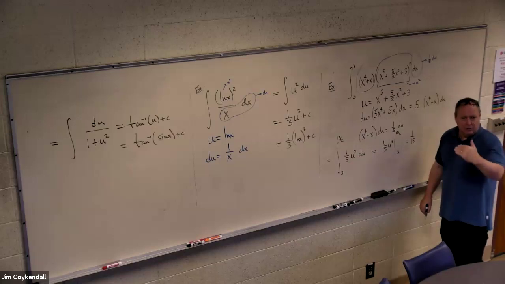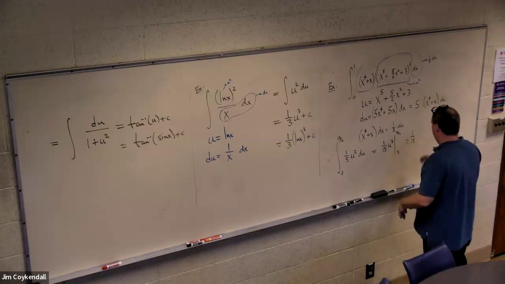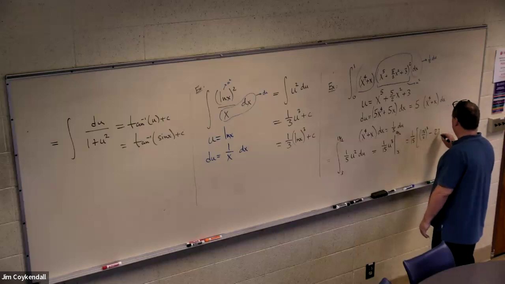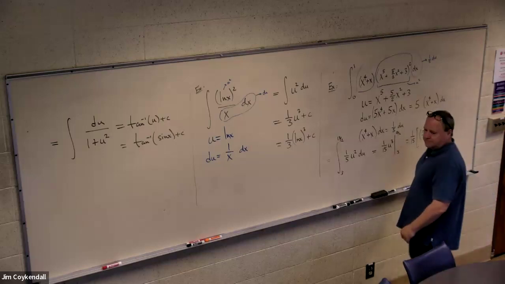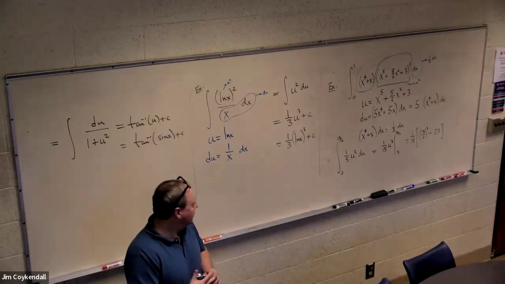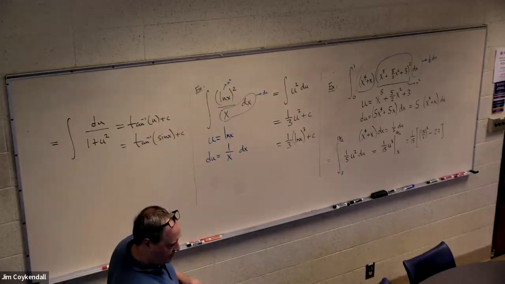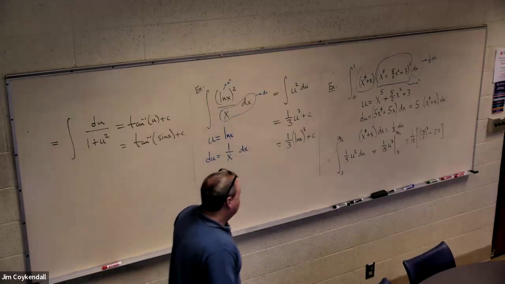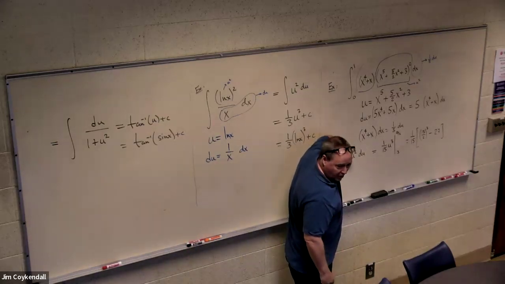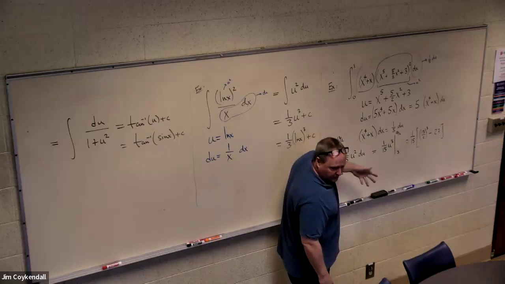Because it's going to be cubed over 3. 1/15, 13 halves cubed minus 27. Whatever that makes. What do you ask about the 1/5? Yeah. So forget about the 1/5 just for a moment. The antiderivative of that is 1/3 u cubed, right? Now put that in 1/5.